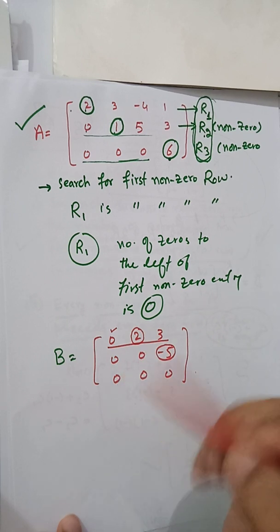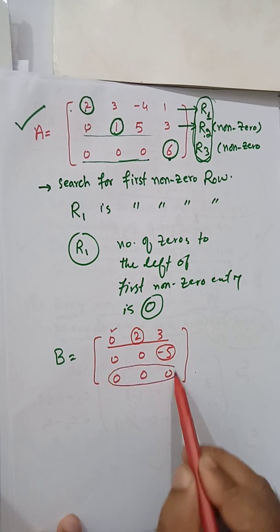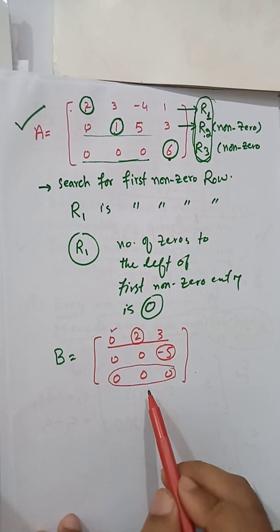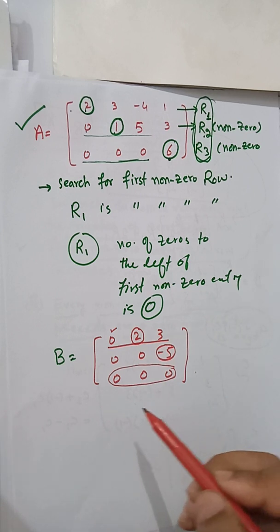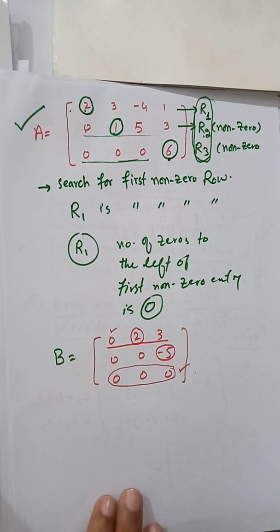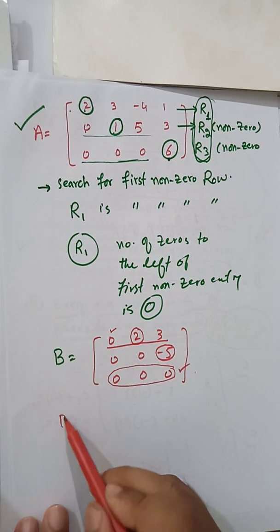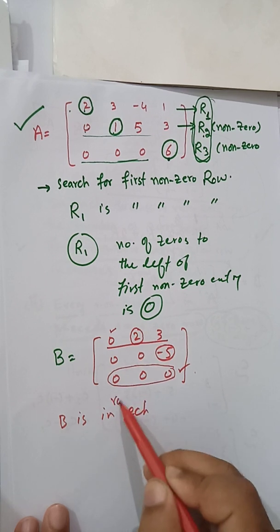So point number 1 is satisfied, and you see the third row is a zero row, and that zero row is written at the end of the rows, meaning this is the last row of this matrix. So point number 2 is also satisfied. So this matrix B is in row echelon form.